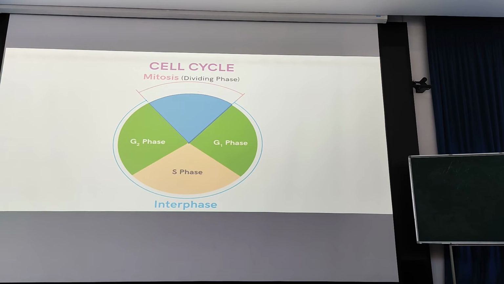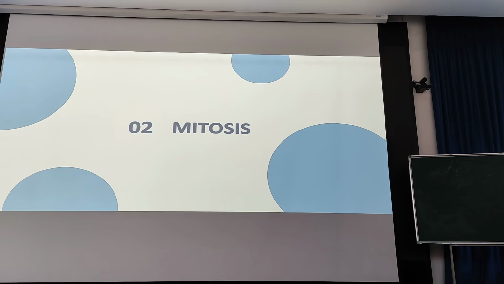Okay, M phase stands for mitosis. Mitosis is divided into four main phases: prophase, metaphase, anaphase, and telophase. Then it changes to the process called cytokinesis. Now let's move to part 2, mitosis.